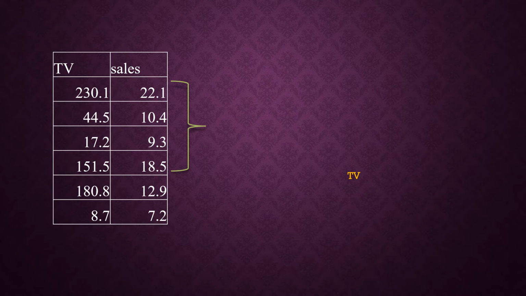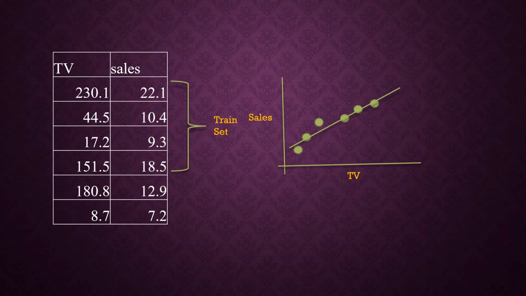We are training our model. And after training, we are getting a line. This line shows us the relationship between the expenditure on TV advertisement and sales. And this model is trained on the training set.